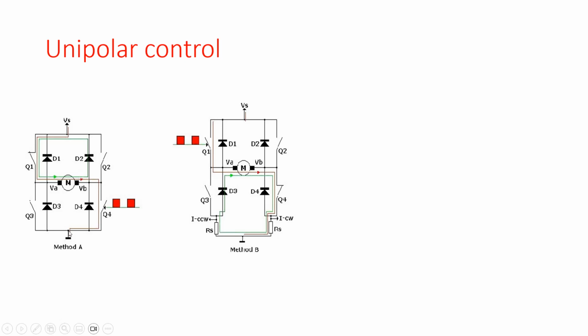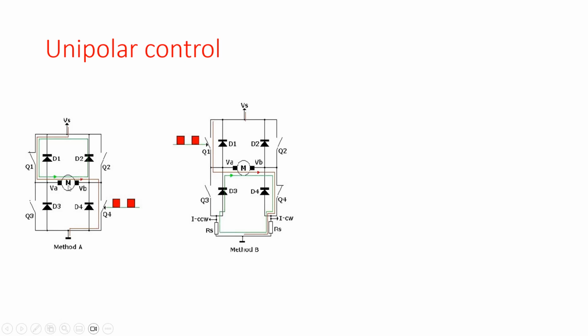Now let's have a look at what happens if Q4 is opened. Then we have to keep in mind that the motor is a series connection of a back EMF, a resistor and an inductor. And when current flows through an inductor, we cannot interrupt the current because that current wants to keep on flowing.